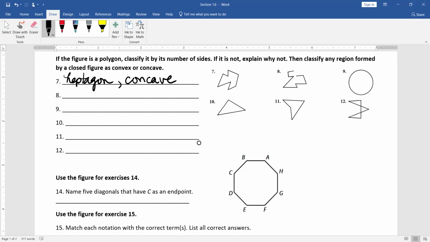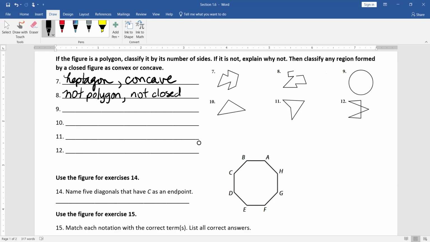All right, number 8, not a polygon because it's not closed. The two parts of the definition that are important are that it's a closed curve with no curved sets. So closed, no curves on any of the sides.